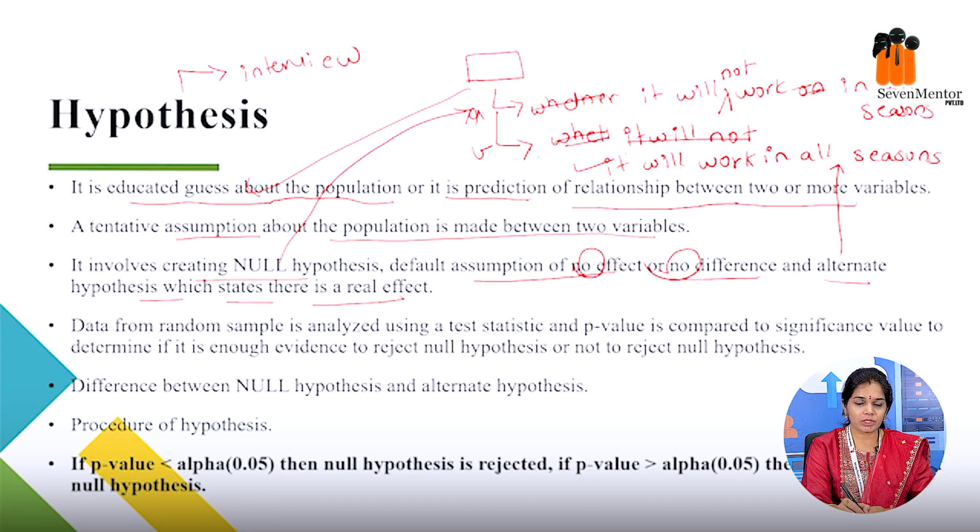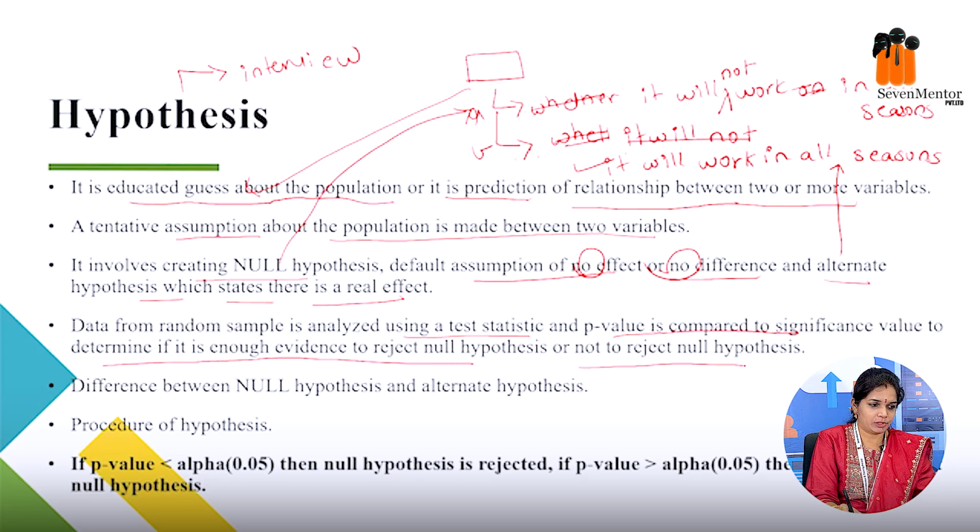This is what I want and this is what I am going to test. Data from a random sample is analyzed using a test statistic, and the p-value is compared to the significance value to determine whether there is enough evidence to reject the null hypothesis or not to reject the null hypothesis.